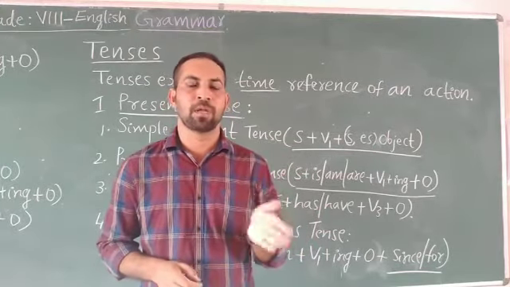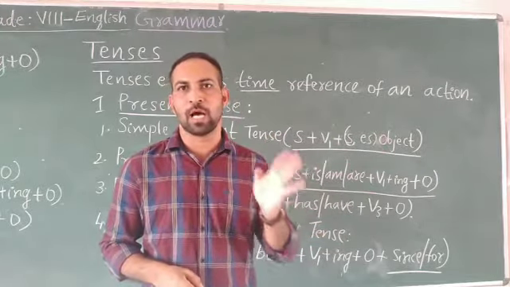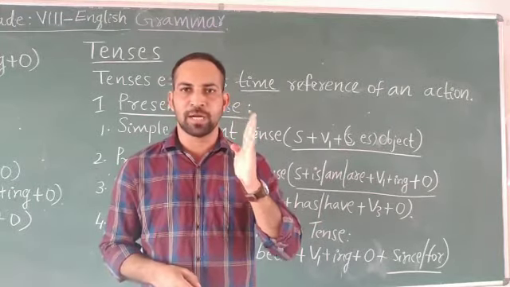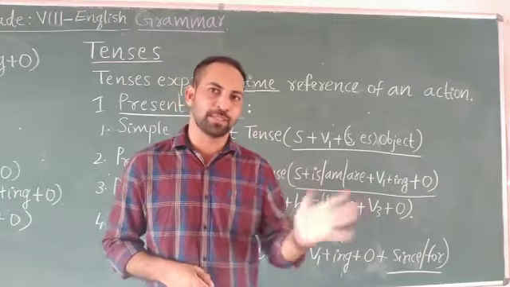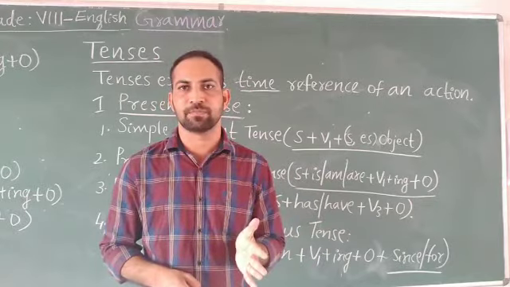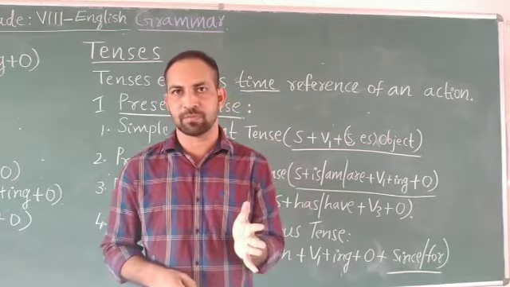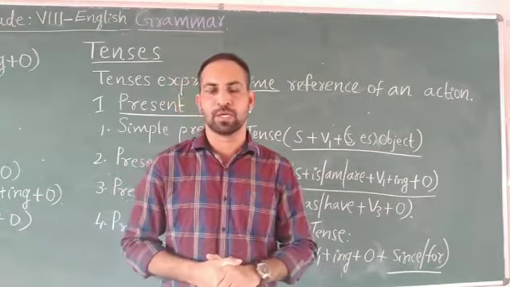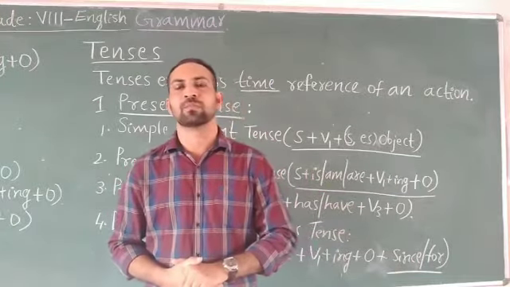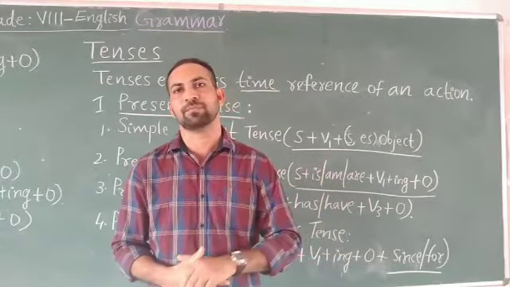For example, present tense is classified into 4 types of tenses. They are simple present tense, present continuous tense or present progressive tense, present perfect tense, present perfect continuous tense. Same for past tense also: simple past tense, past continuous tense, past perfect tense, past perfect continuous tense.